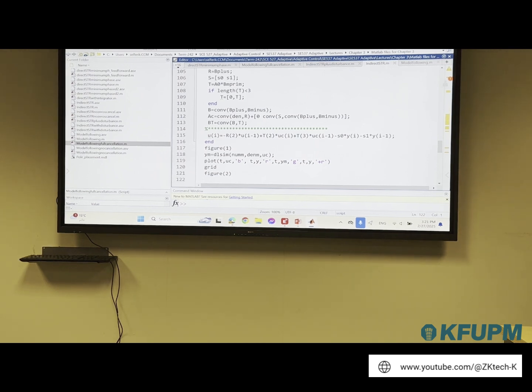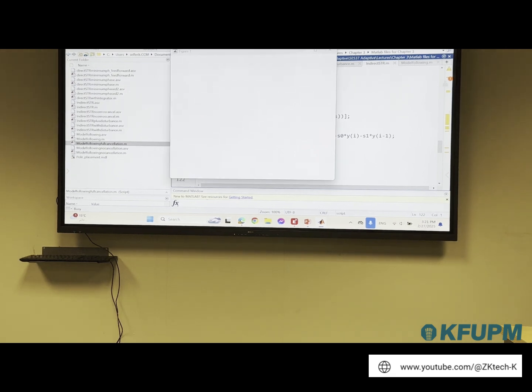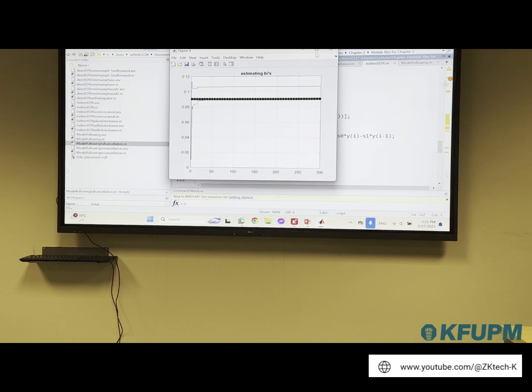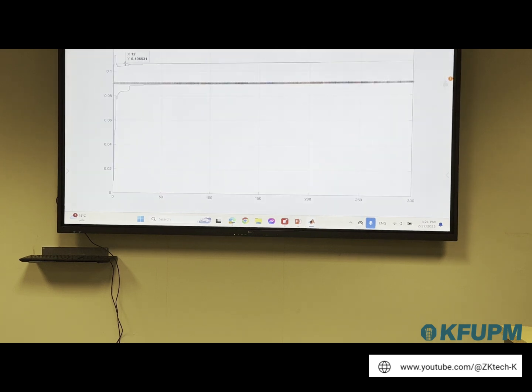So if we run it here, we are going to see what is going on with the system. These are the estimates of my parameters. Estimate of B: the green line is the exact value, and the red one is your estimate with the least squares method. So you see there is a transient where your estimate is very far from the exact value.